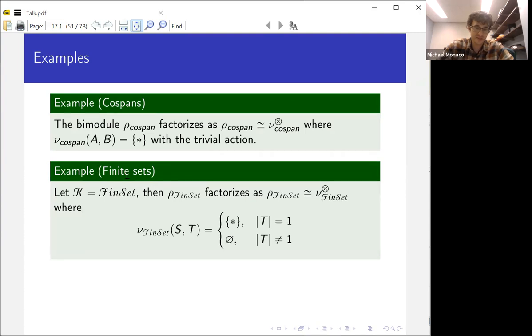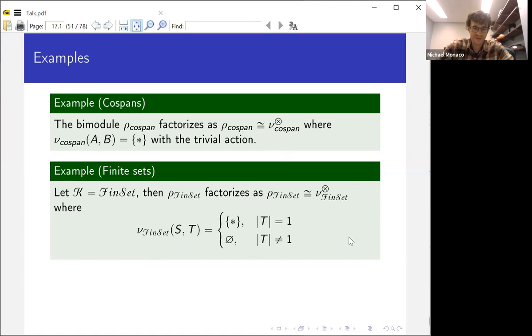This example is important for operads. If we let K be finite sets, then rho fin set factorizes like this, where this basic bimodule nu fin set is simply defined like this.